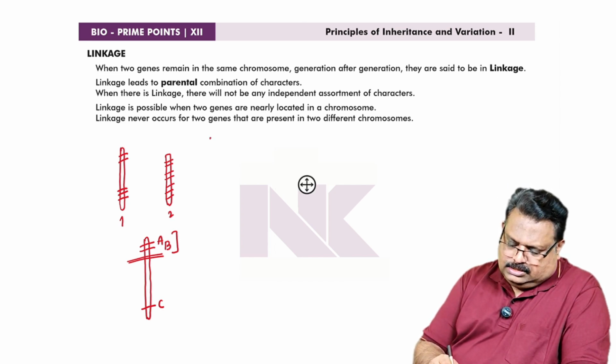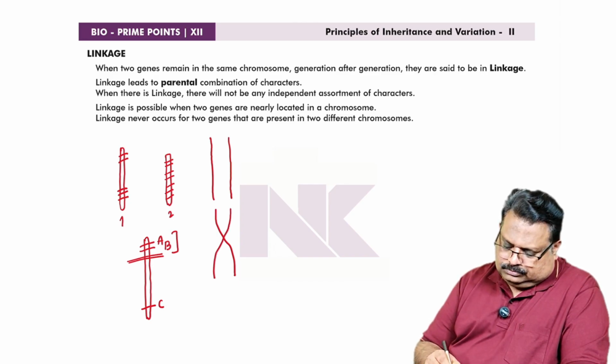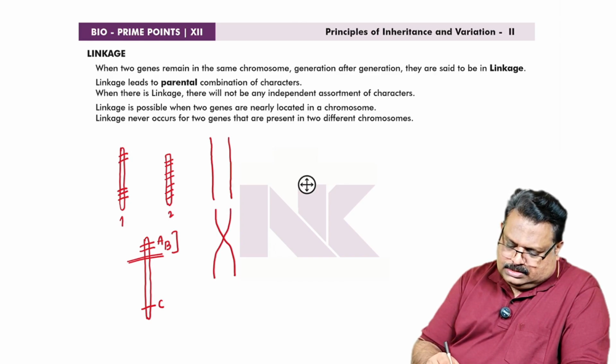So here you can see that this is one chromosome, this is another chromosome. At the time of crossing over, these two chromosomes will cross with each other, and here you can see that there is a capital A and small a, here capital B and small b, here capital C and small c.